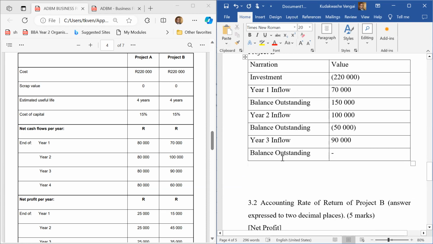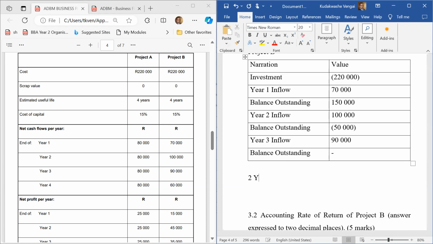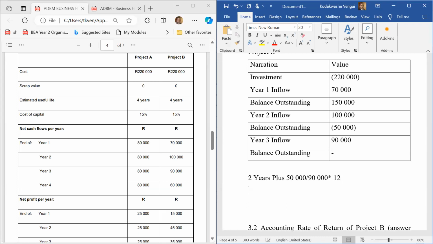So again, it's going to be 2 years plus how many months do we have here? We've got 50,000 which was left, divided by 90,000 multiplied by 12. So 2 years plus 50 divided by 90 multiplied by 12 gives me 6.6667 months.